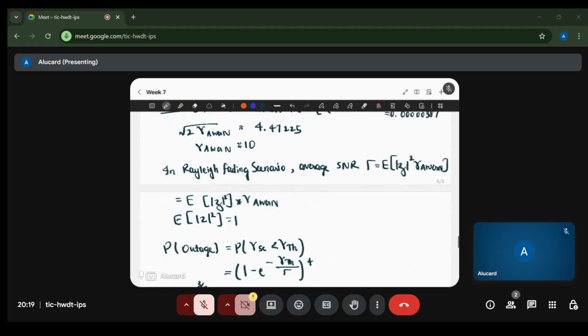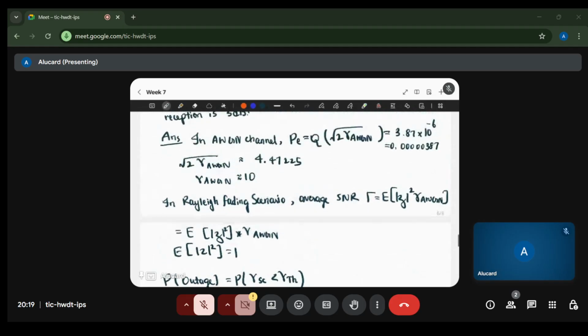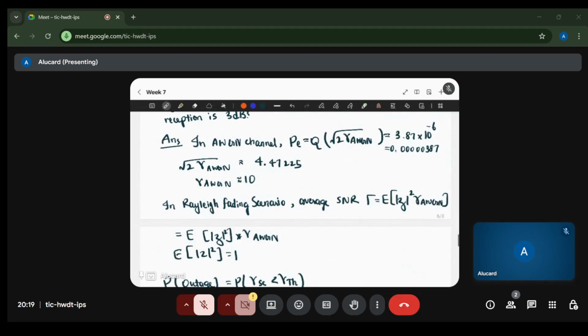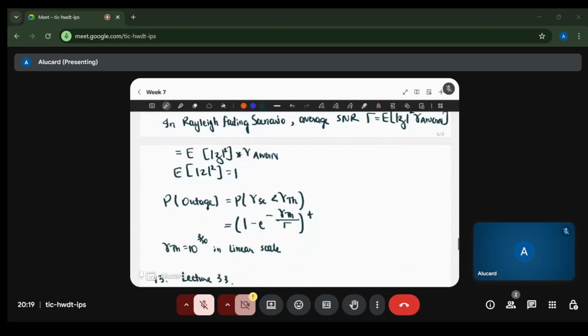We know the value of gamma threshold, we know the value of capital Gamma. So we can find the probability of outage with this formula.